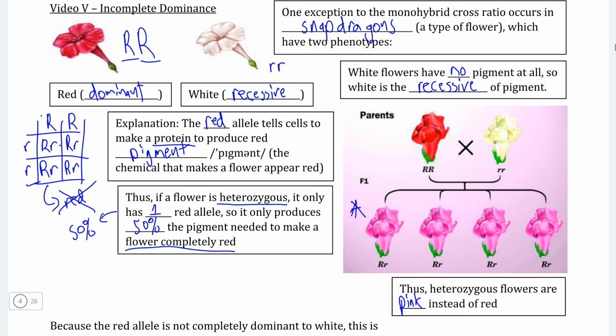So these flowers end up being pink because they literally only have about half of the pigment that is necessary in order to turn the flower into a full red color.